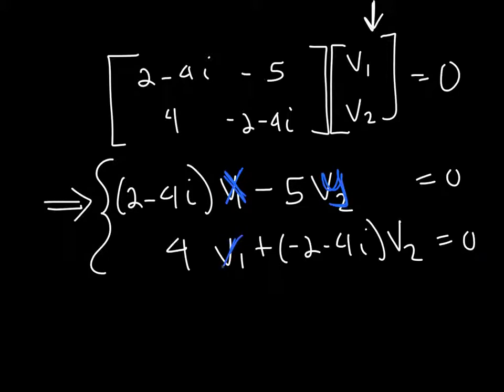It helps remind you that we're actually working with a linear system because we have more than one equation. So we've used our eigenvalue and generated the system, and the goal is to solve for x and solve for y.